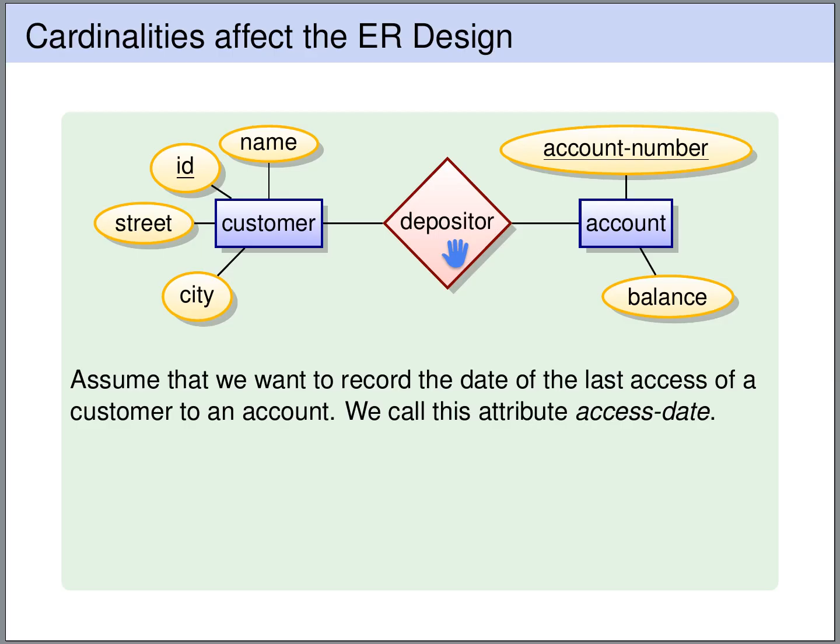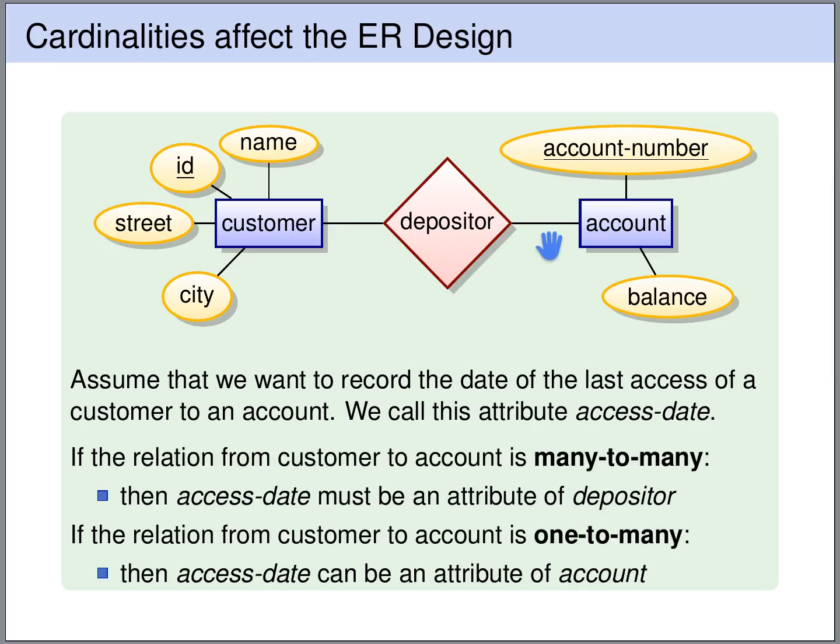Now the question is, where do we attach the access date? Do we make it an attribute of customer, of the relationship set, or of account? And this depends on the cardinalities of this relation.